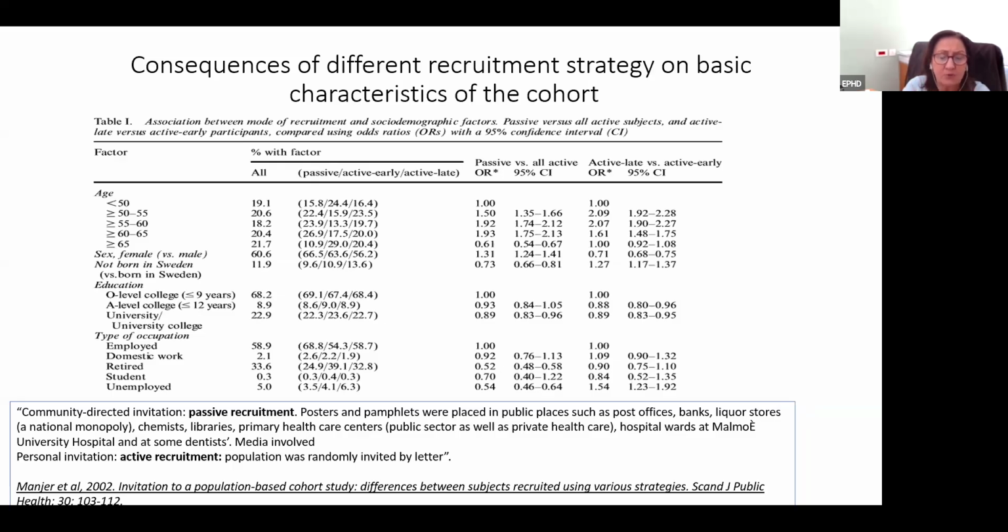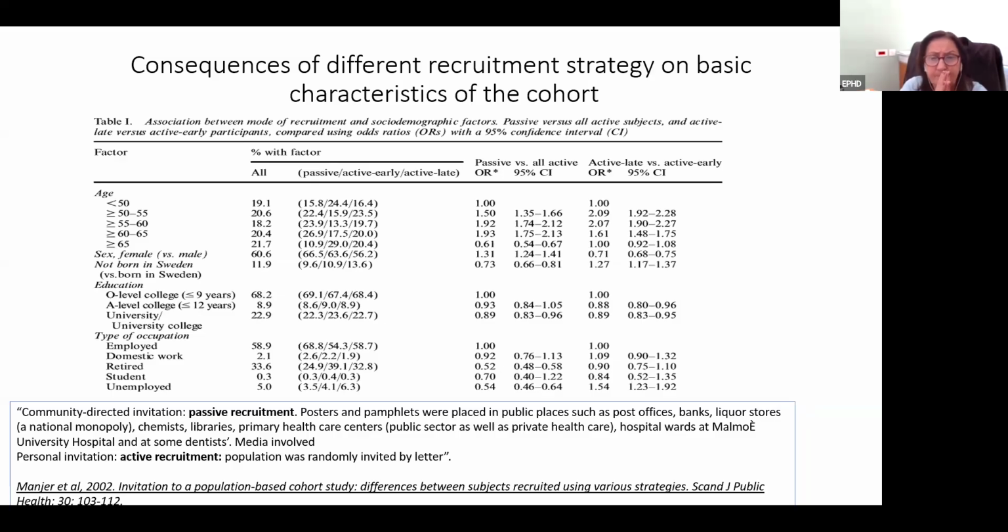I can do passive recruitment, meaning I can just post pamphlets and flyers in public places, here at the University Health Services, banks, chemists, meaning pharmacists, libraries, primary healthcare, and hospitals. So places that are visited by older people. So this is one way.